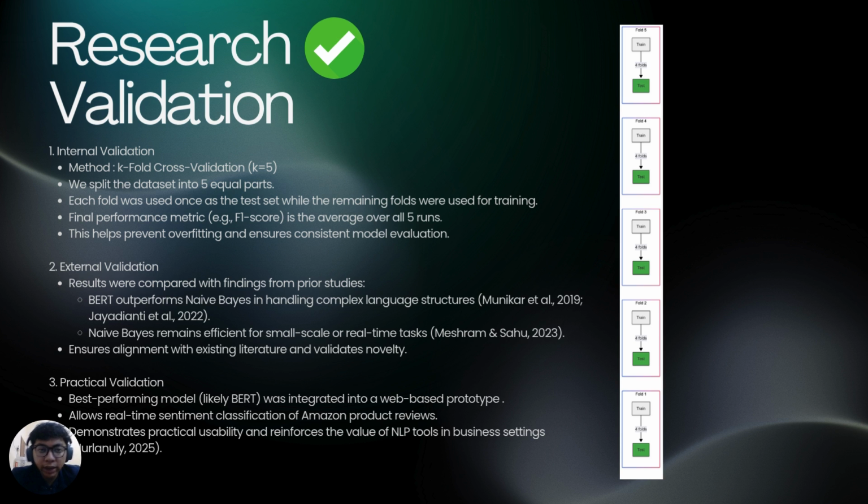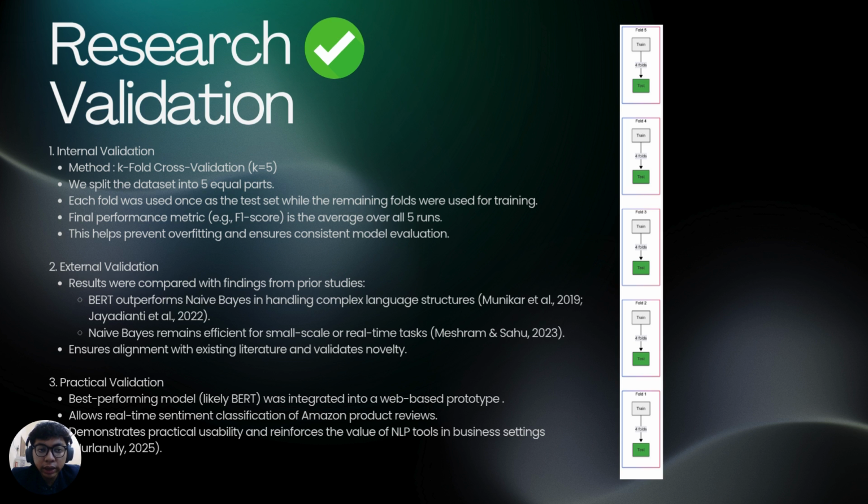Here, we use K equals 5. The steps are we split the dataset into five equal parts, and each fold is used once as a test set while the remaining folds are used for training. The final performance metrics like F1 score are averaged over all five runs, and this helps prevent overfitting and ensures consistent model evaluation.